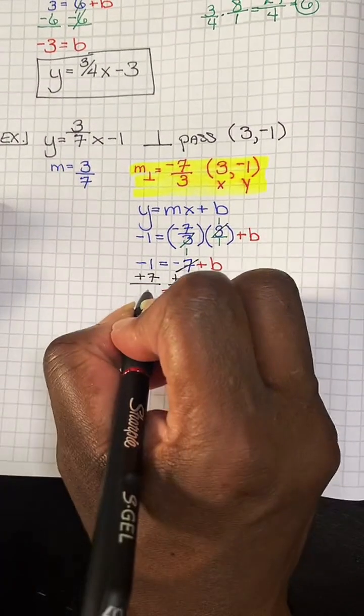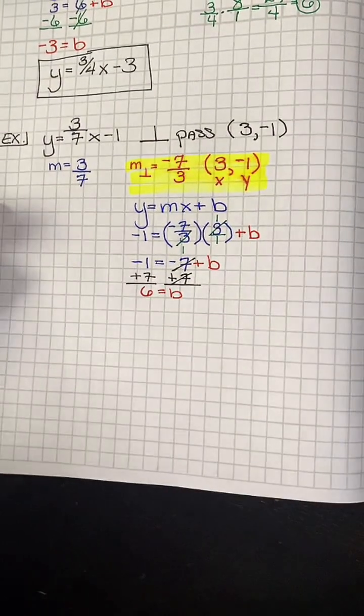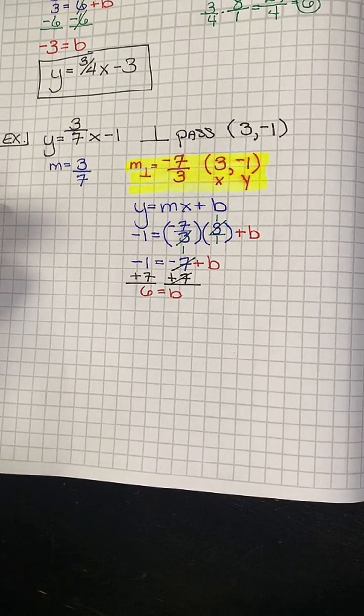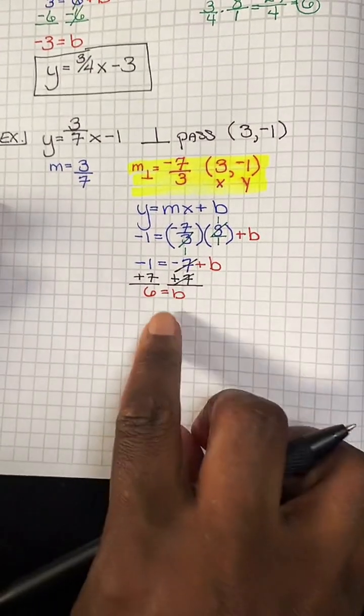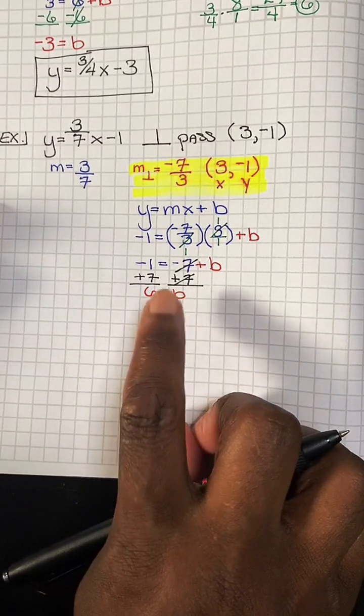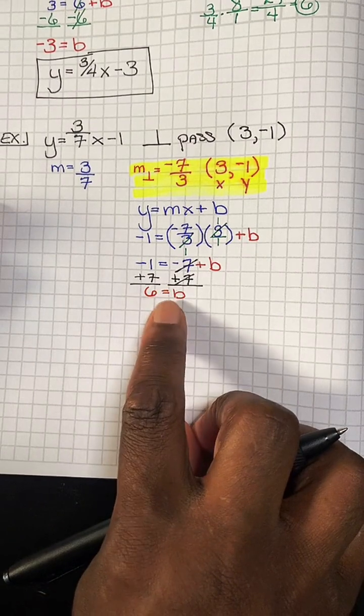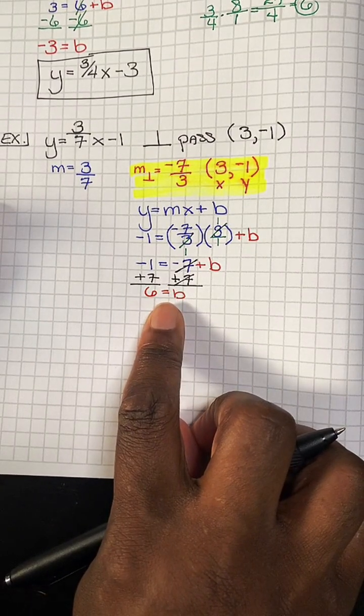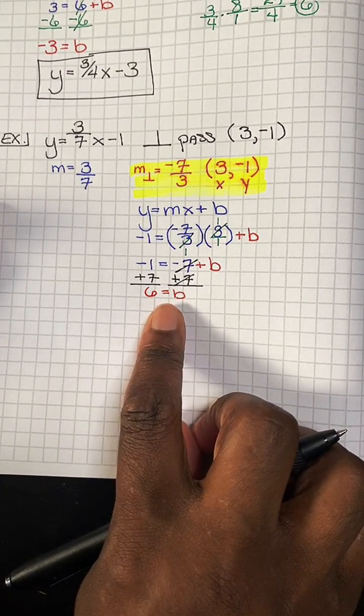Oh, you must have overcharged me $6. Okay. There we go. All right. So we now have the y-intercept. There you go, Reed. Now we have the y-intercept that we can create our equation of the line.